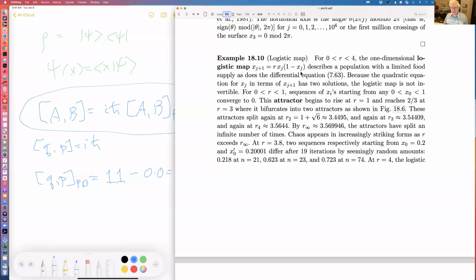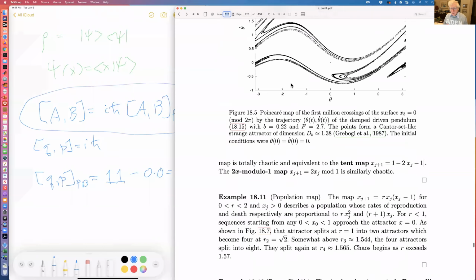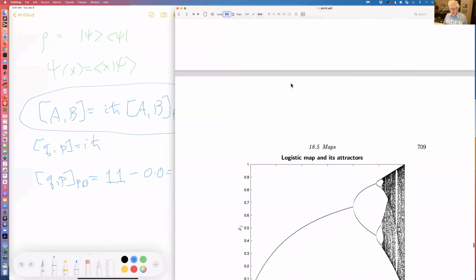Notice the thing is not invertible. You can't find xj from xj plus 1, because if you tried to, it'd be a quadratic equation with two solutions.